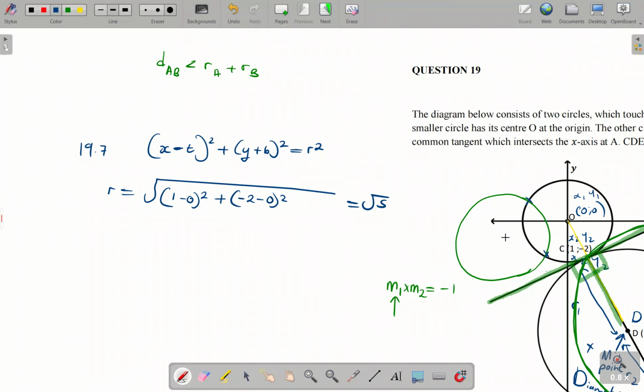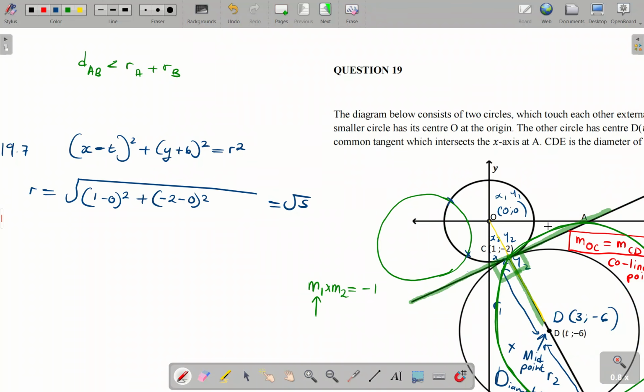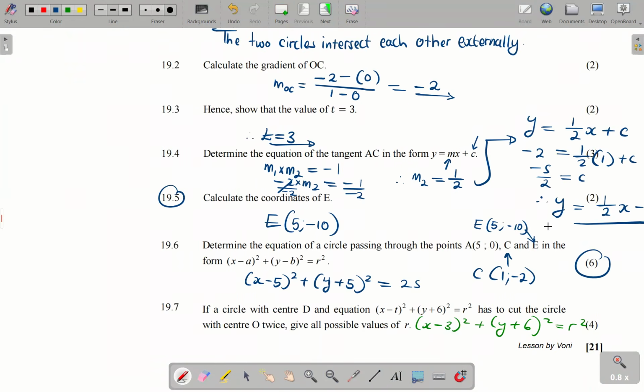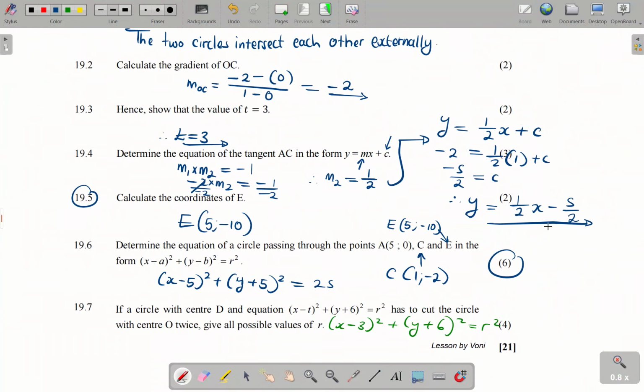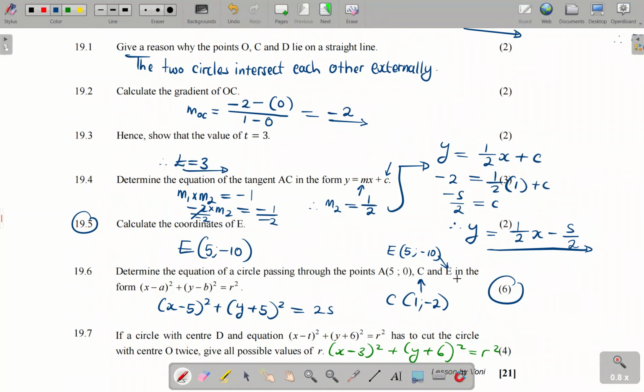Now to find the radius of the bigger circle, let me go back to the question again. I think I'm missing something. If the circle with center D and the equation has to cut the circle with center O twice, for all possible values of what? Of r.